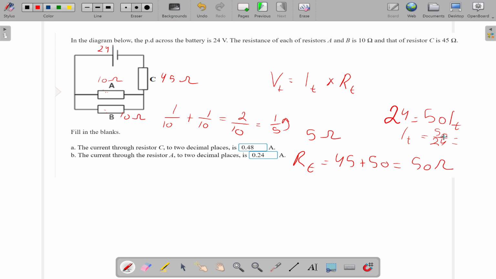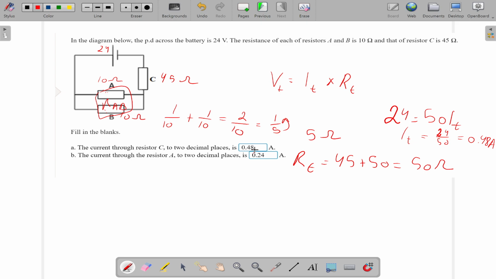I flipped it the other way around, didn't I? Yes. So 24 over 50 equals 0.48 amperes. What I did was basically summarize this, resolved as RAB, and then in series, what I did in the previous step.